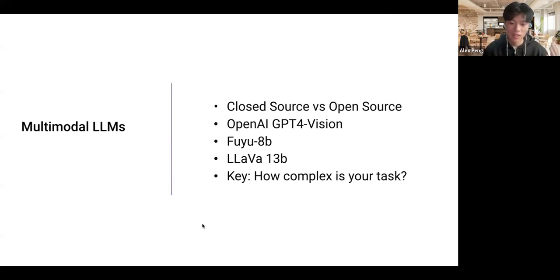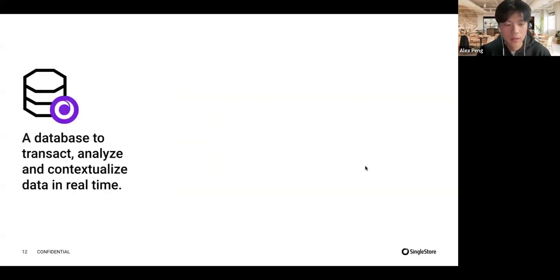In some cases, you can even run it directly on your computer. The key question to answer here is going to be, how complex is your task when you're actually selecting a multimodal LLM? You don't really want to overkill by having GPT-4 vision just read out some text from an image. But if you're using a smaller model, it might not be able to understand more complex relationships between objects in the image or causal relationships, that sort of thing.